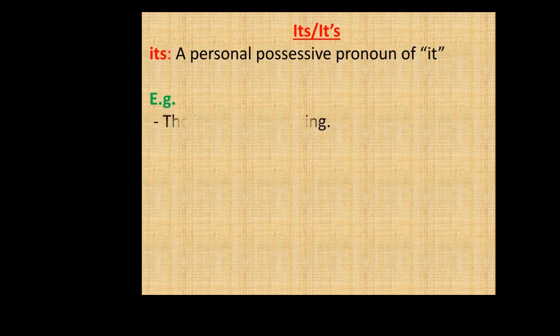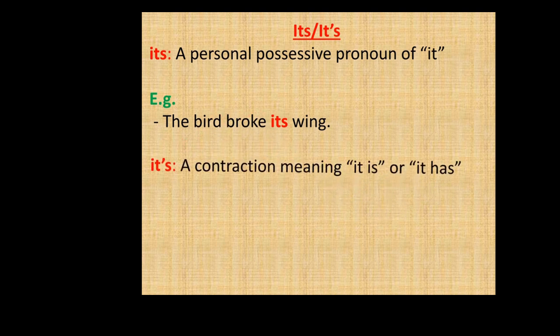Its and it's: it is or it has. The first one, its, is a personal possessive pronoun, like when I say the bird broke its wing. But it's, with an apostrophe s, can be it is or it has, according to what comes after it. If after it comes a noun or verb plus ing, it's it is.